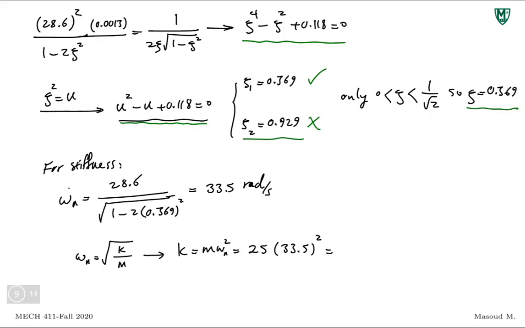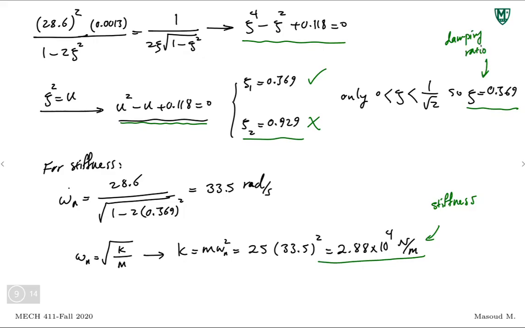If you do this math, and if I did it correctly, hopefully I did, you should get 2.88 times 10 to the 4 Newton per meter. So this is the value for stiffness, and this is the damping ratio.